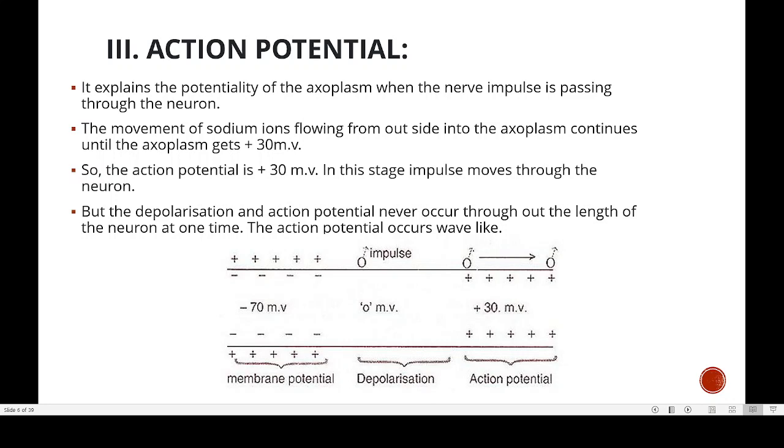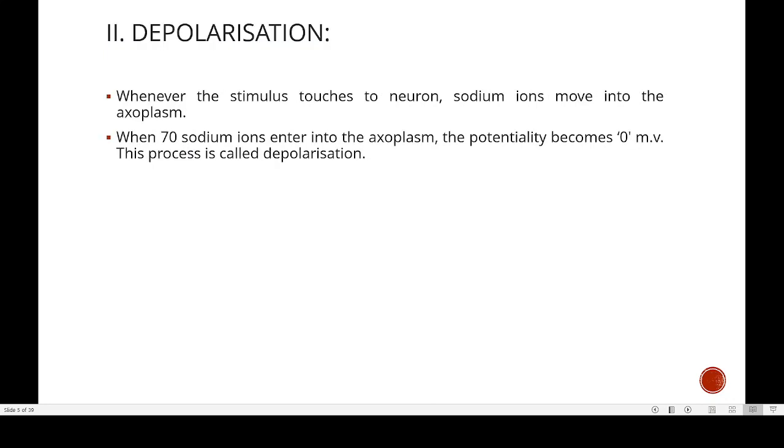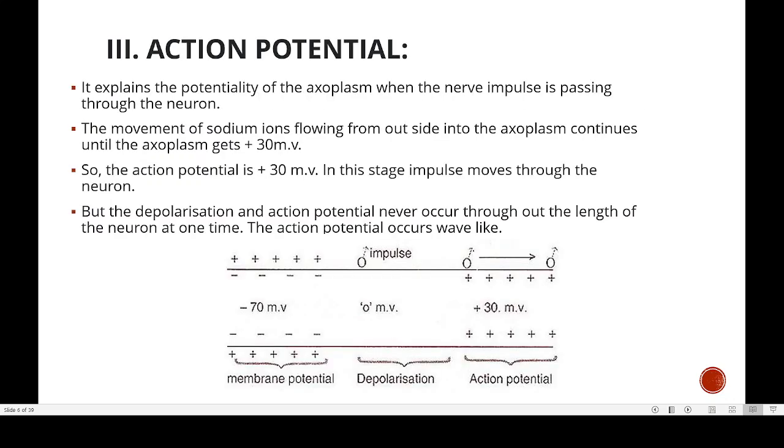So during depolarization, what happens? A stimulus is occurring. As a result of the stimulus, 70 sodium ions will be moving into the exoplasm, and because of the movement of 70 positively charged ions into the exoplasm, the overall charge becomes zero. When that situation is happening, we call it depolarization. So that is the second event, depolarization.